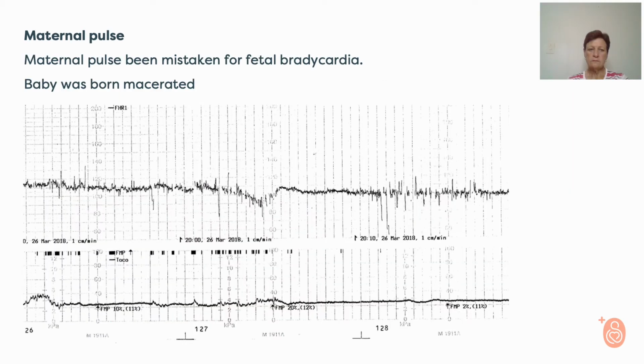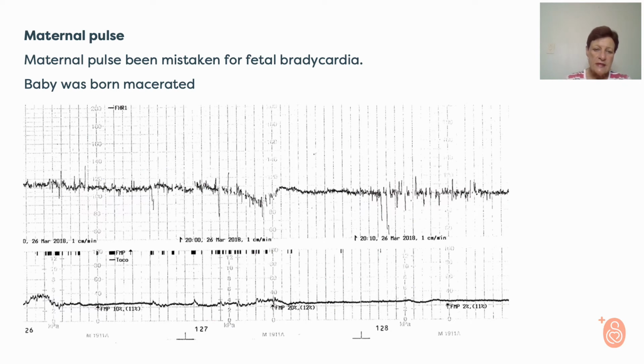Now, we have talked several times about the importance of monitoring the maternal pulse, and I have told you how easy it is to confuse the maternal pulse with the fetal bradycardia, and in the example here in front of you, you can see it very clearly.